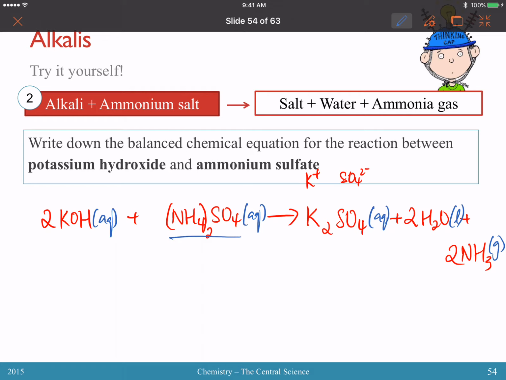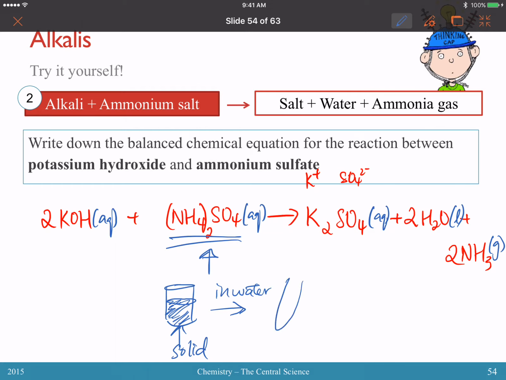Even though this is a soluble salt, it can still exist as the solid state. If you recall the lab, we had the containers, and whatever is inside the container was a solid, right? But when we put it in water, they will dissolve. So they can exist in two states, the solid state when it's not in water and the aqueous state.